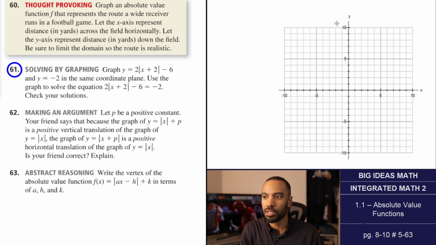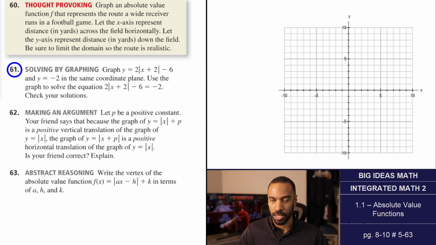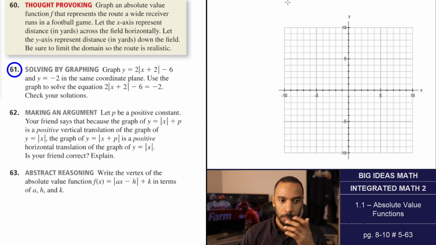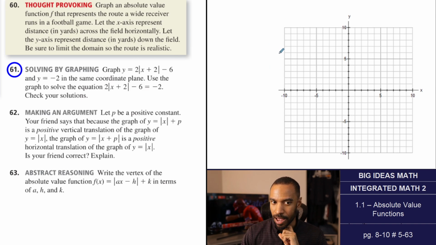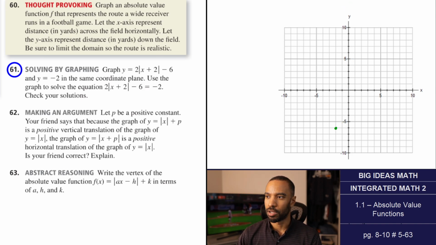Okay, so I'm not going to speak a lot on solving absolute value equations because it's not a part of this thing. It's more about functions. But let's graph those. The first graph has -2, -6 as your vertex, with a slope of 2, if you will.